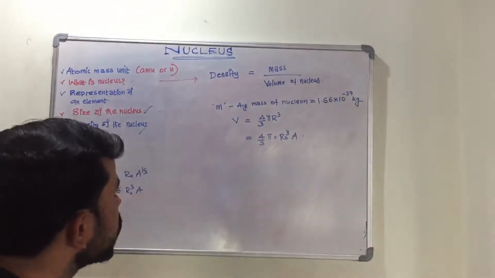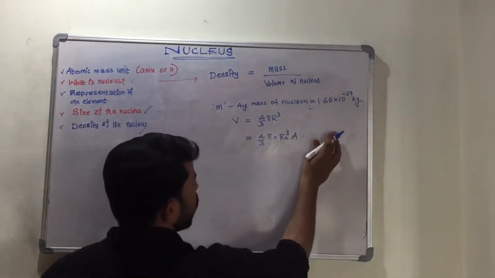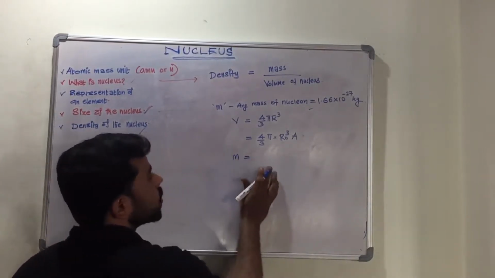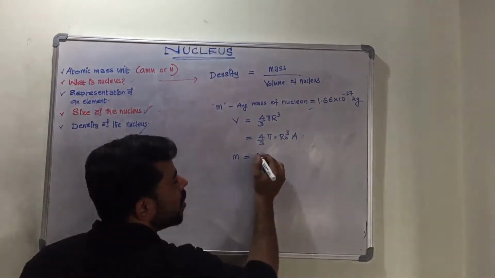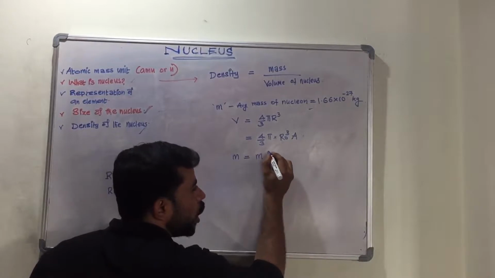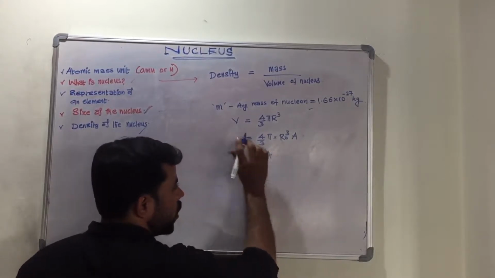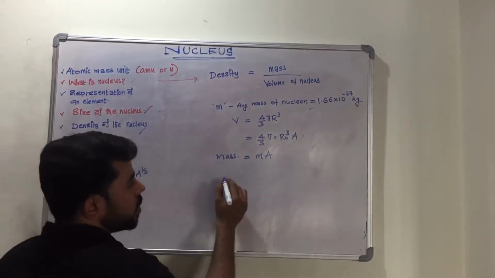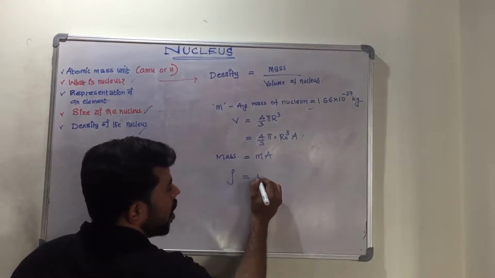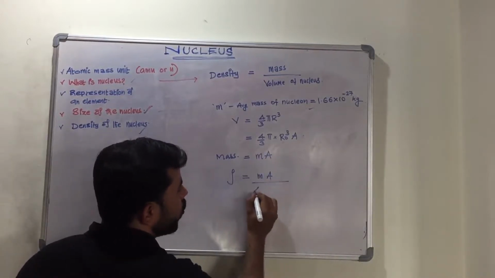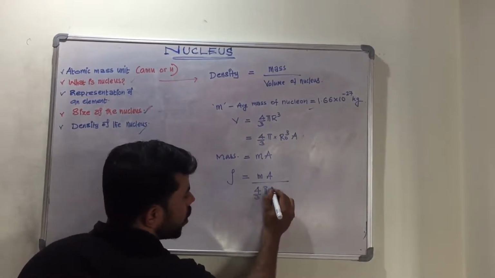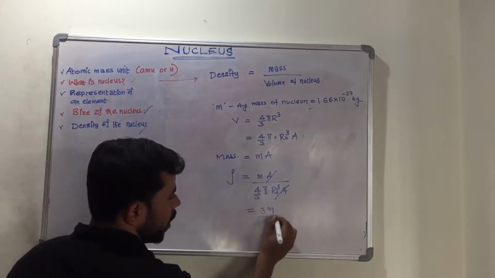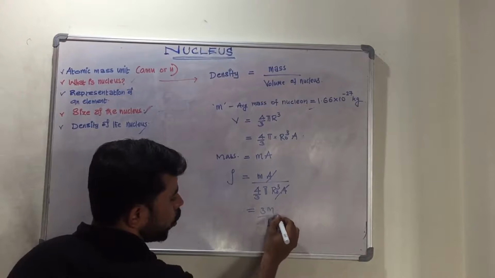Here m is actually the average mass of one nucleon. Then the total mass of the nucleus is equal to the average mass of one nucleon into the total number of nucleons, mA. Therefore, the density ρ is equal to mA divided by 4 by 3 pi R0 cube into A. A cancels, so ρ is equal to 3m divided by 4 pi R0 cube.